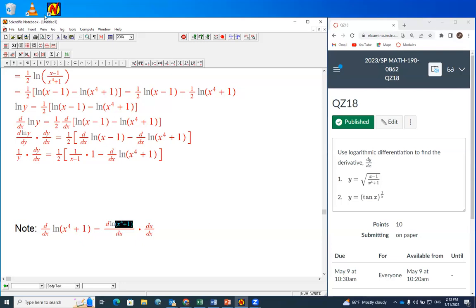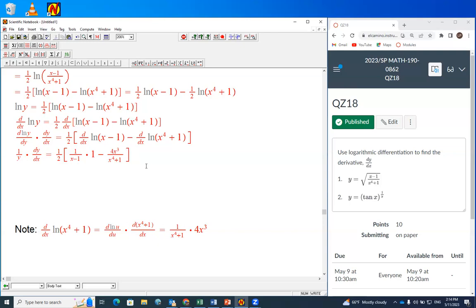But u is x to the power 4 plus 1. So in the end, we get 1 over u multiplied by the derivative of x to the power 4 plus 1, which equals 4 times x raised to the power 3. And of course, u equals x to the power 4 plus 1. So this piece, after differentiation, really equals that. And you can even put 4x to the power 3 on the top.